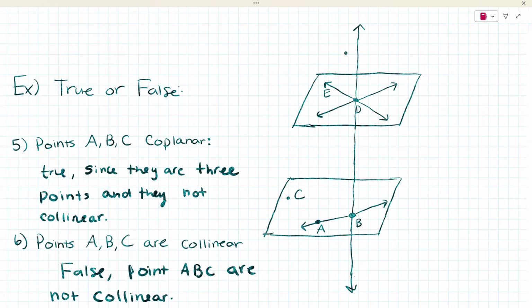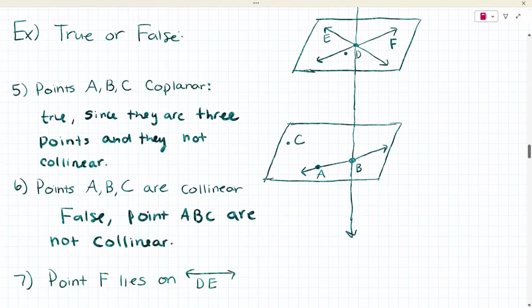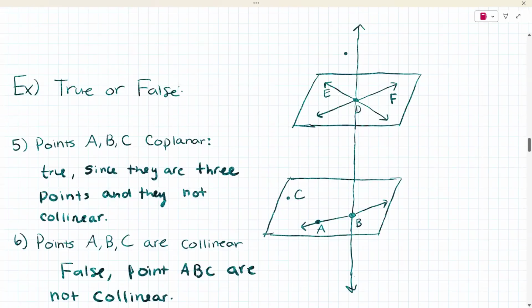Oh, sorry, this is F right here. So does this point F lie on line DE? No, that's false. Here's line DE. If it would go through the line DE, point F would have to be right in the middle. So that'd be false.